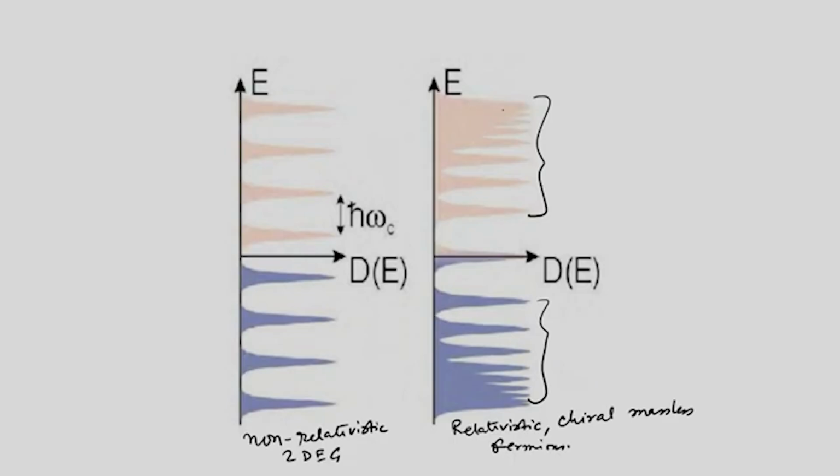So, they are almost overlapping in this particular region, whereas there is a significant gap here in this energy. Okay. So, this distinguishes the quantum Hall effect seen in graphene from that in the 2D electron gas.